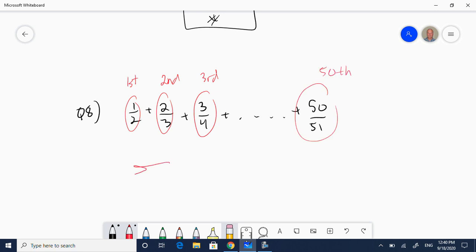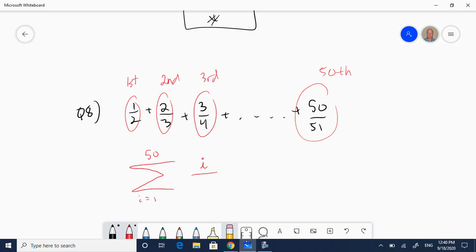So right away I've established my indices, my lower limit, all the way up to my upper limit. And it looks like I could have i in my numerator, because that just cycles through 1, 2, 3, all the way up to 50. And my denominator is also related to my term, but it's 1 greater than my term.